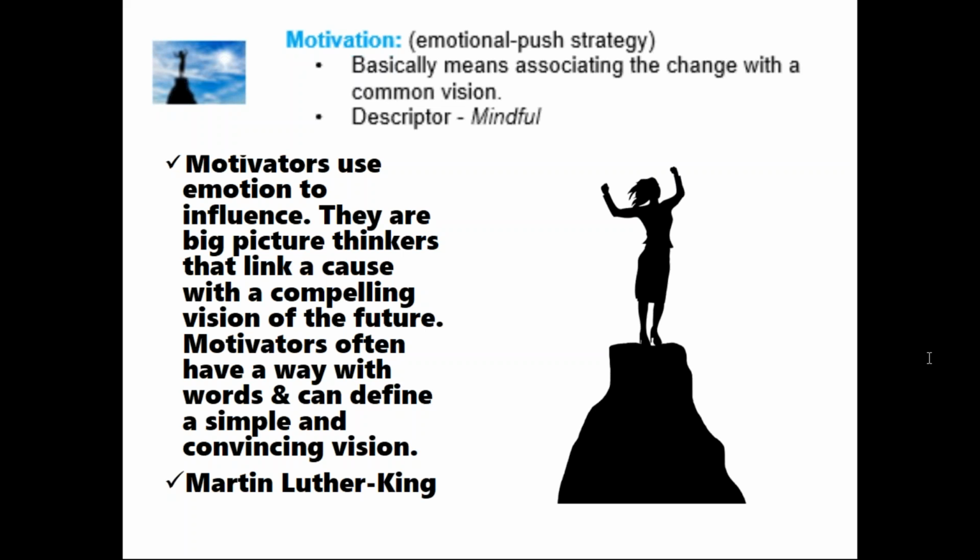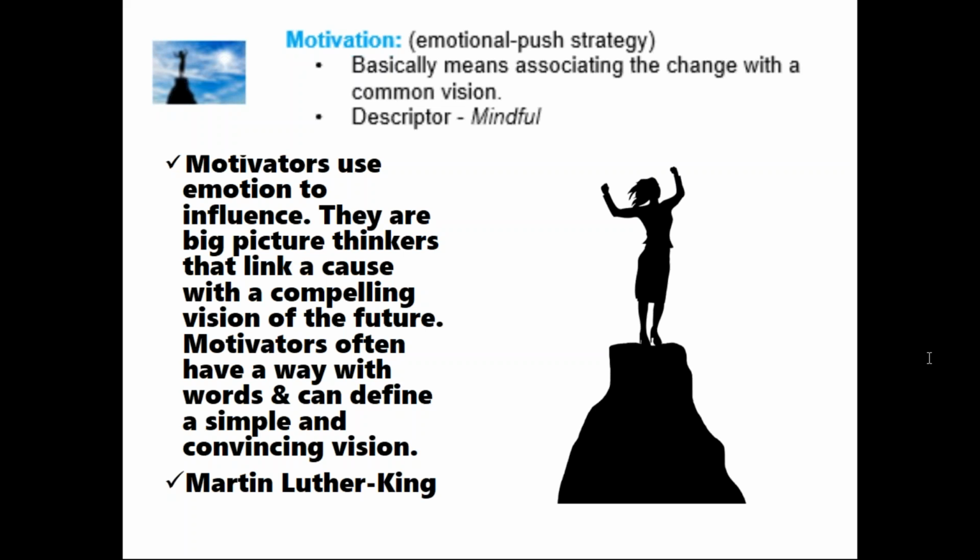Well, the motivators will use emotions and tug at the heartstrings. They're usually big picture thinkers, and they'll often link their proposal to the big picture, the strategic direction or the vision of the organisation. So they often have a way with words, and they can define a simple and compelling or convincing vision.